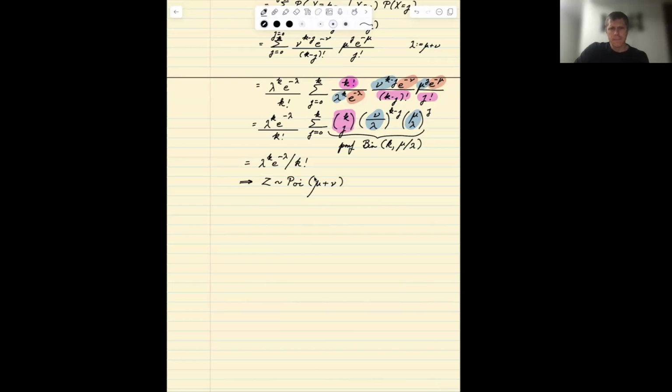Okay, so another way to revisit the number of deaths in the city example: we should not assume that everybody has the same probability of dying.